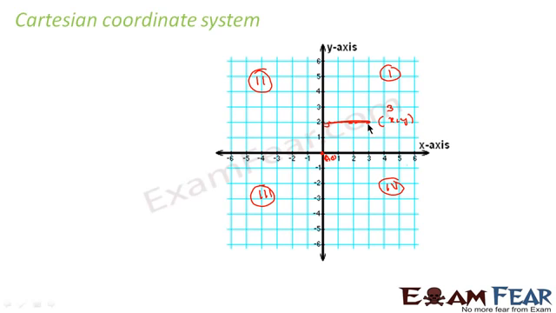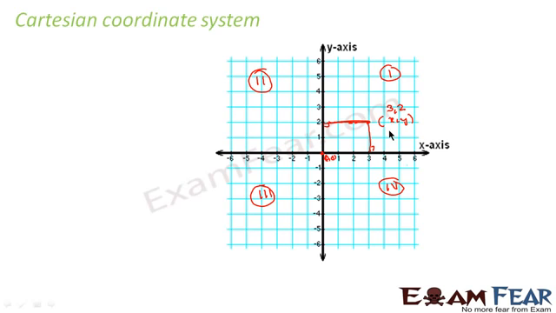So from this point, draw a perpendicular to the x-axis and find the distance. This is 1 and 2 units, so y becomes 2. So this point is 3, 2. To locate a point, we need x and y, that is abscissa and ordinate.